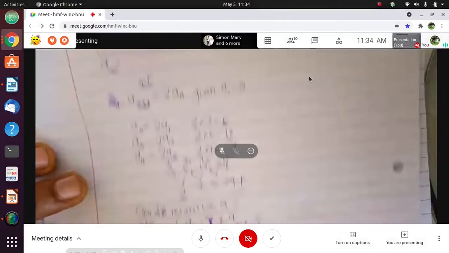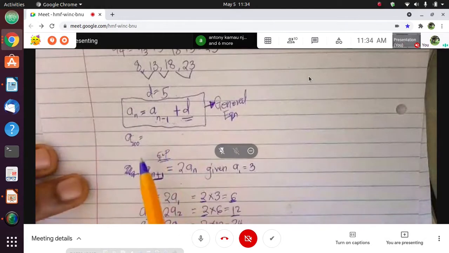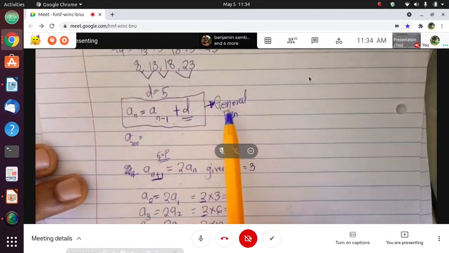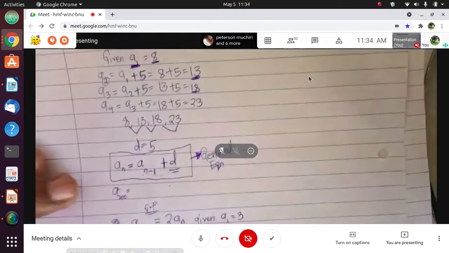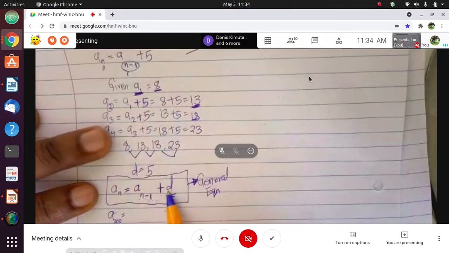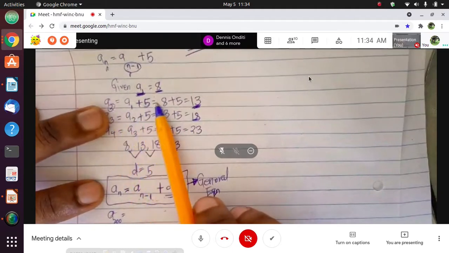For arithmetic sequence, the general equation for a recursive arithmetic sequence is an is equal to an minus 1 plus the common difference. So for me to get the next term, I'll take the previous term and add the common difference. For example, to get A2, I took A1 plus 5, the common difference.